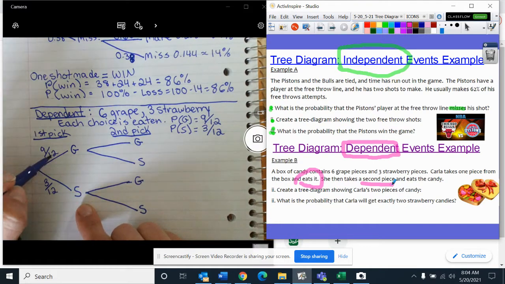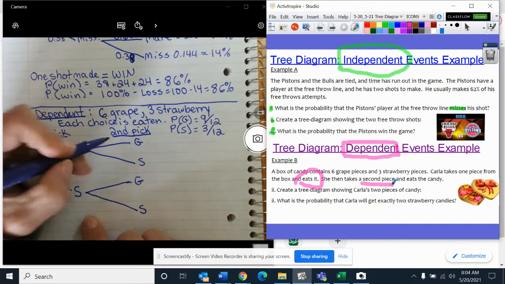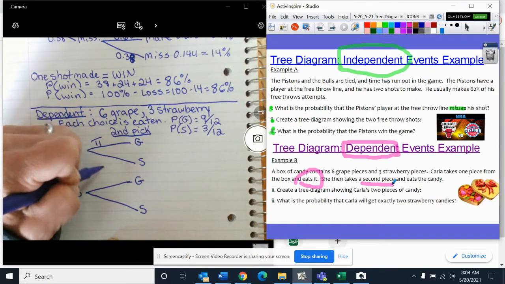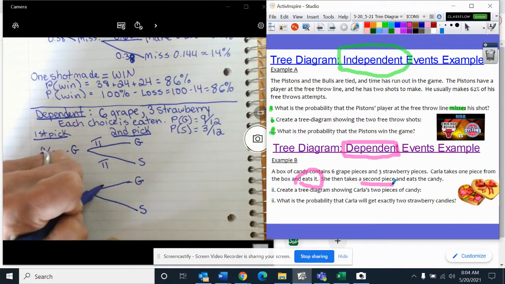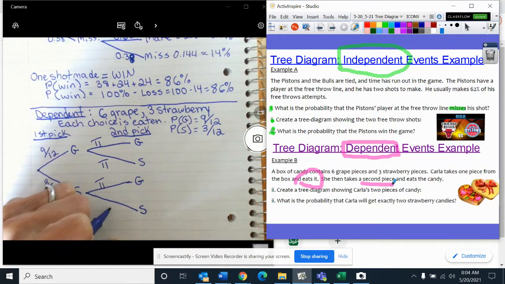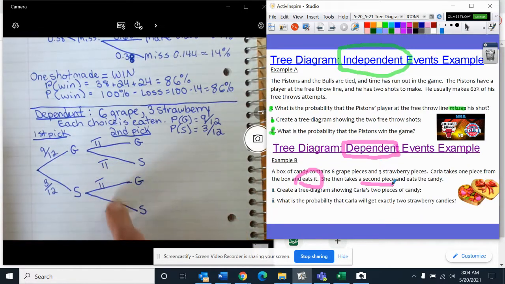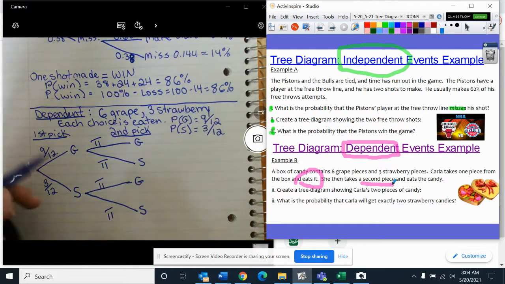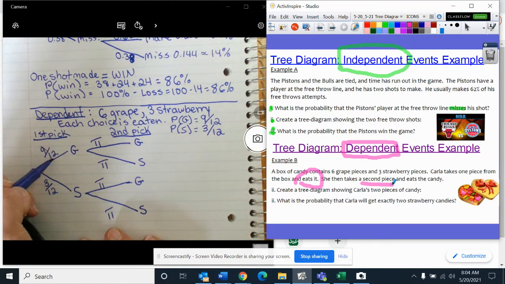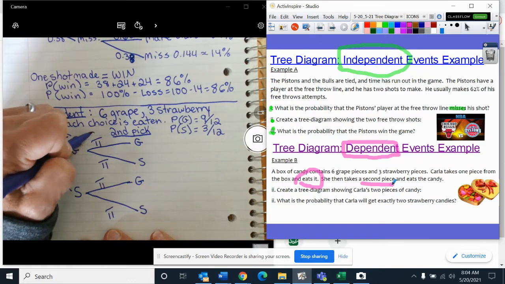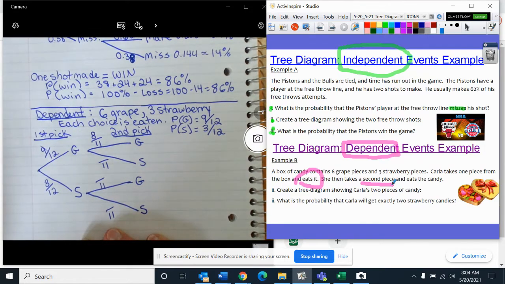But once she picks a piece of candy, then there's only 11 pieces left. So notice that all of these probabilities are out of 11 pieces. Say the first one was grape. Then there's only 8 grape pieces left in the box.